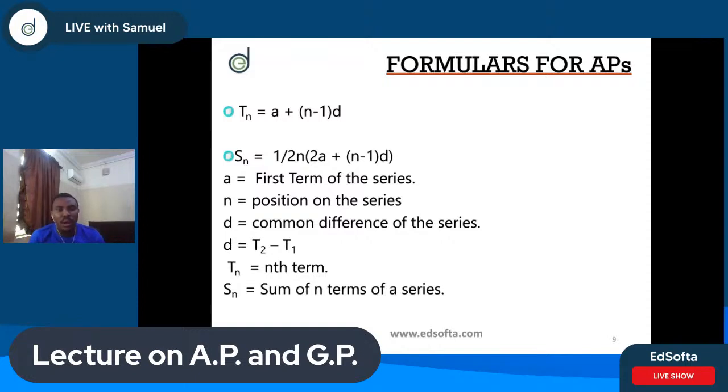This is a very simple equation. When we talk about Tn, we mean the nth term.